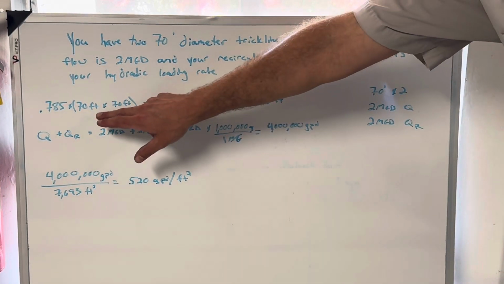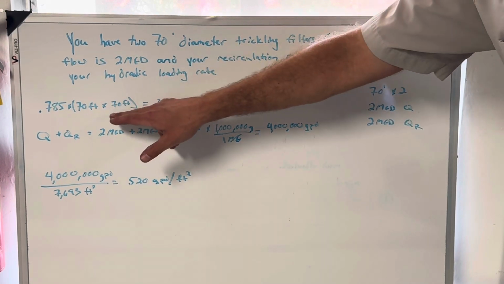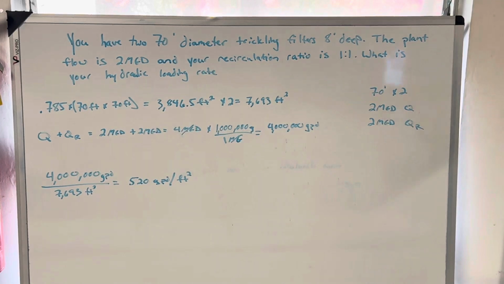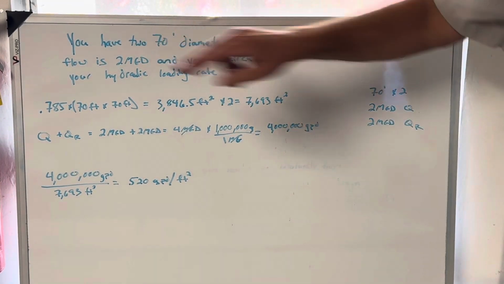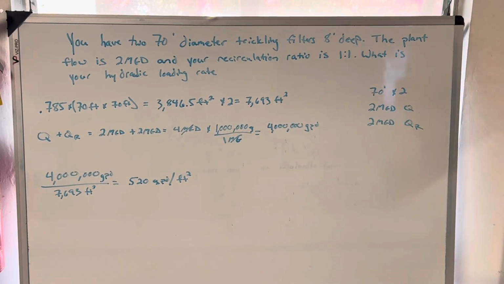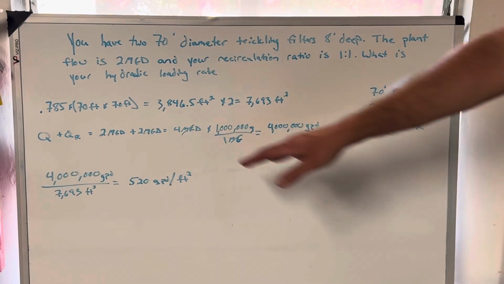Okay, so let's start by doing our square feet. 0.785 times diameter squared, which is 70. 70 foot times 70 foot squared times 0.785 gives us 3,846.5 square feet. Times 2, because we have 2 trickling filters, that is 7,693 square feet. And then we take our plant flow, which is 2 mgd plus 2 mgd equals 4 mgd.